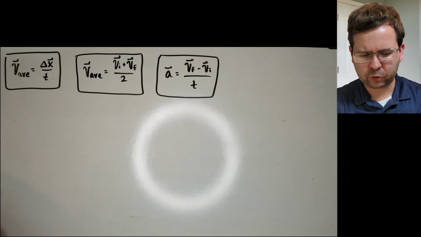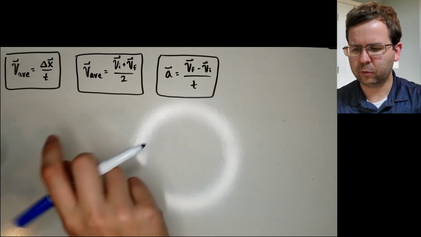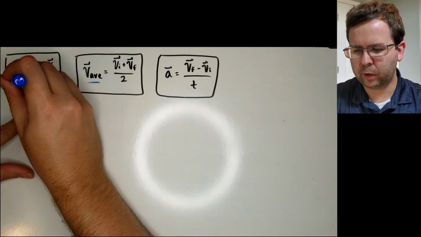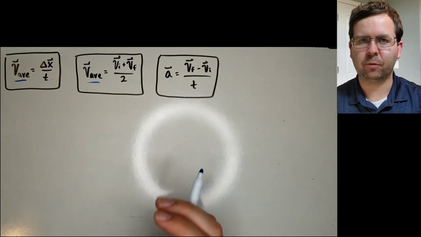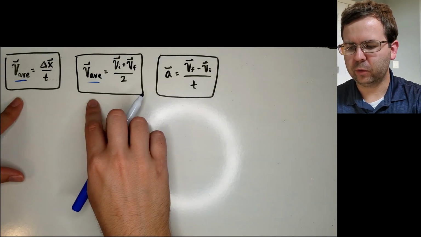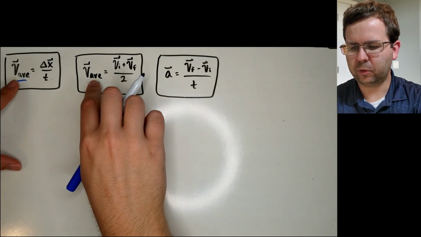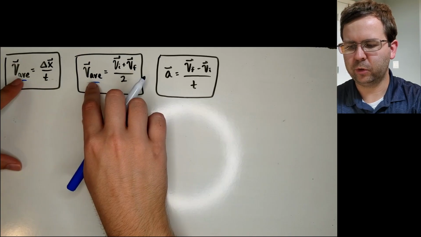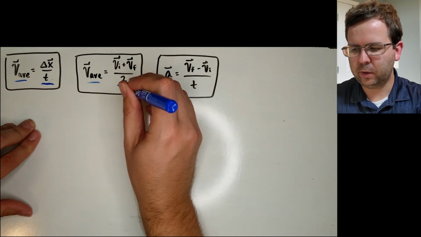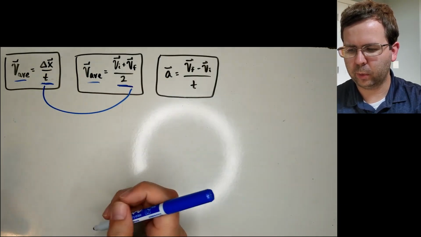So I want to show you how to do that here today by focusing on first these two equations and pointing out that they both are an equation for the average velocity of an object. However, when I set these two equations together, instead of saying that the average velocities are equal to each other, it's also true that this other half of the equation, these are equal to each other as well.